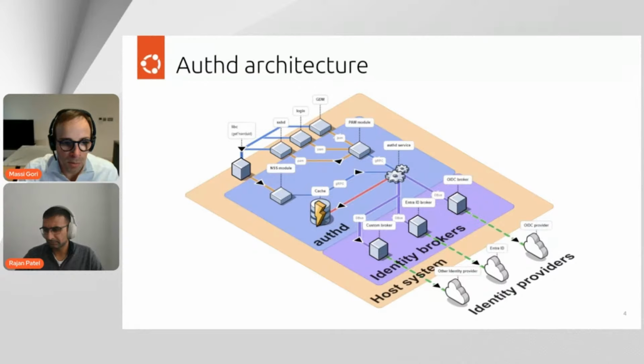As we said before, Authd is supported on both. This architecture allows us to support both Ubuntu Desktop and Ubuntu Server, effectively making Ubuntu the first and only Linux distribution at this stage that is able to support authentication with cloud identity providers without the need for third-party services like, for example, FreeIPA.